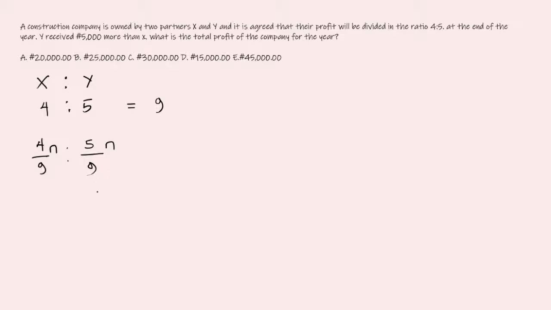So what we were told is that Y receives 5,000 naira more than X. So the share of Y, which is 5n over 9, as we can see here, is equal to X's share, which is 4n over 9, plus 5,000, because Y receives 5,000 naira more.